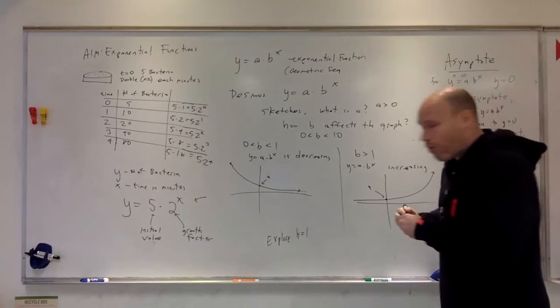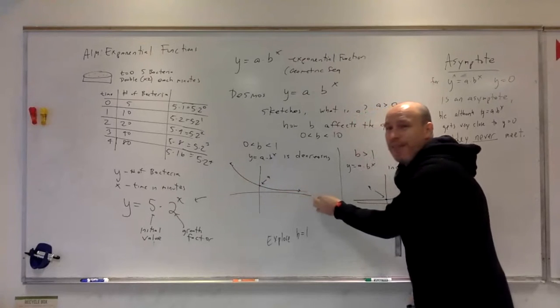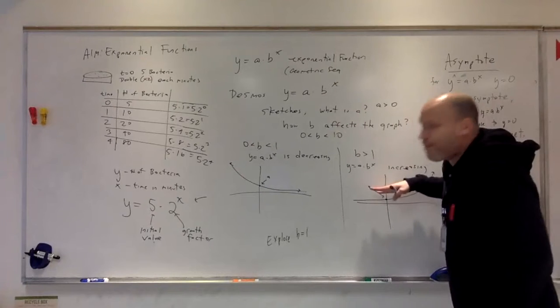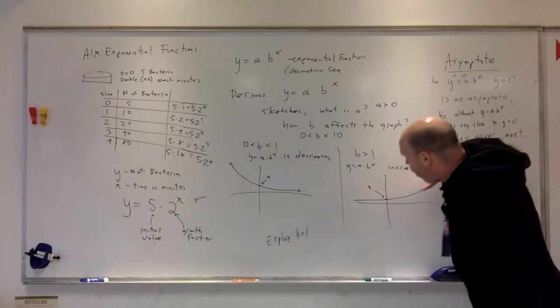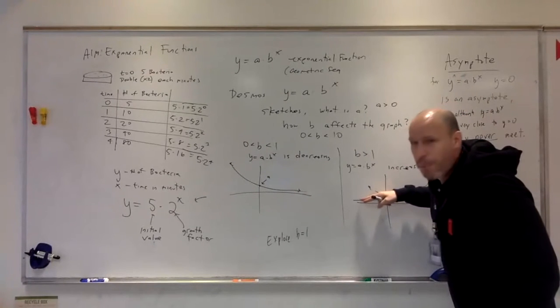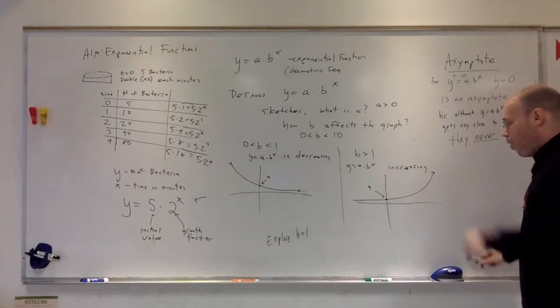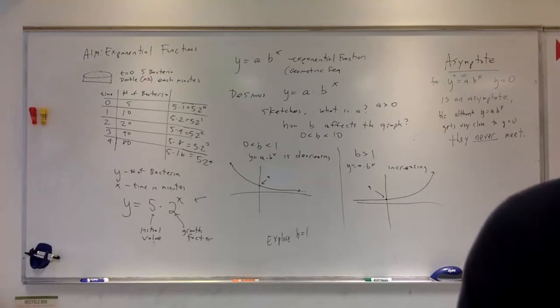So these two graphs, as it decreases, it gets smaller and smaller, but it never gets to 0. As this goes back towards negative infinity, as we go to the left, it gets closer and closer to 0, but it never gets to 0. Therefore, you have something called an asymptote. Okay, let's move on.